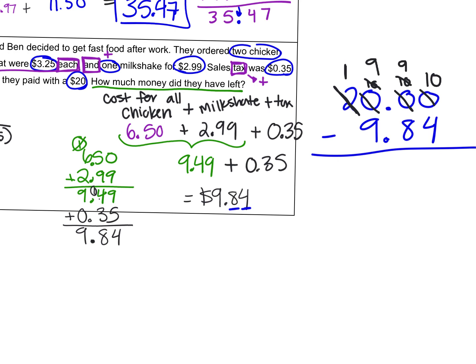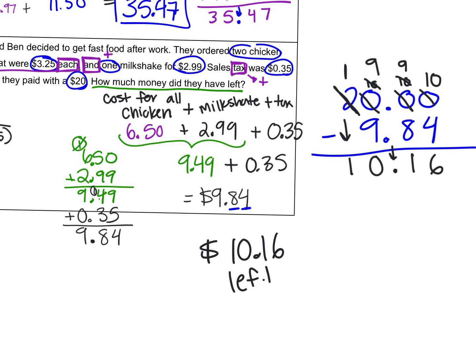Okay. So then 10 minus 4 is 6. 9 minus 8 is 1. 9 minus 9 is 0. The 1 comes straight down. My decimal comes straight down. Okay. So what they have left is $10.16 left over.